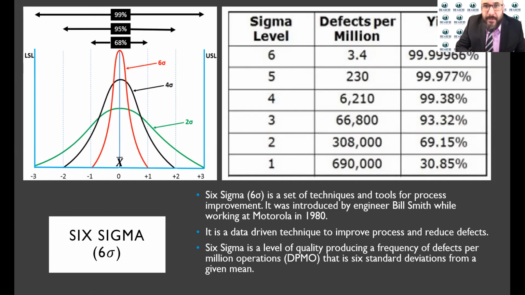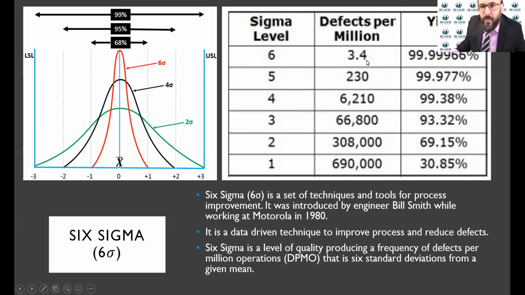If you reduce the quality from 6 Sigma to 5 Sigma, that will result in 230 defective parts per million. The good parts on the right side here in yellow are 99.99966%.